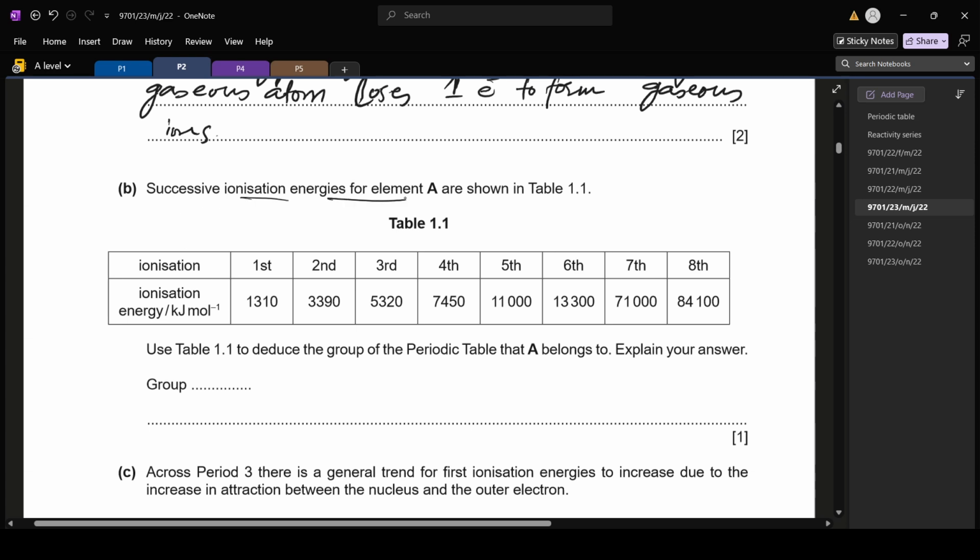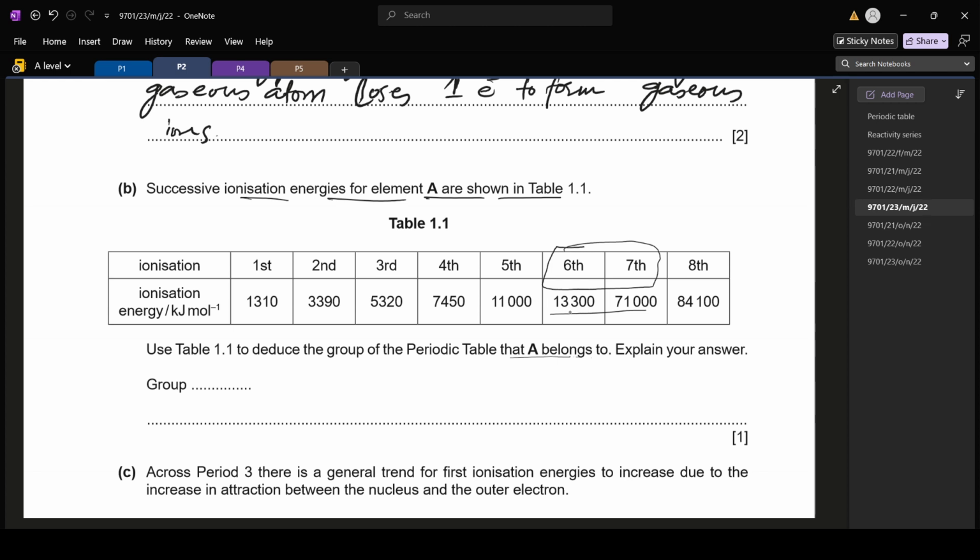Successive ionization energies for element A are shown. Use table 1.1 to deduce the group of the periodic table that A belongs to. From this ionization energy, look at the 6th and 7th ionization. There is a huge jump between the 6th and 7th ionization energy, so it means that there is a change in shell.